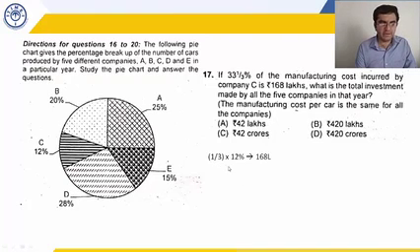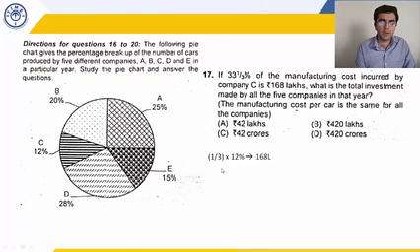Forget the one third. The company C has 12% of the total cost. So one third of 12% of the total cost.